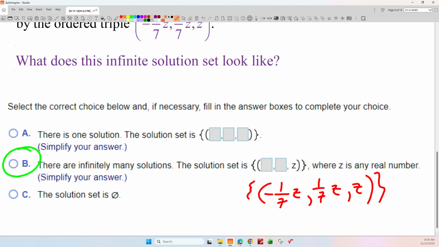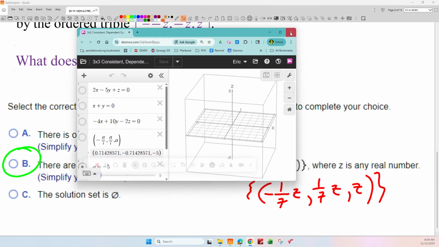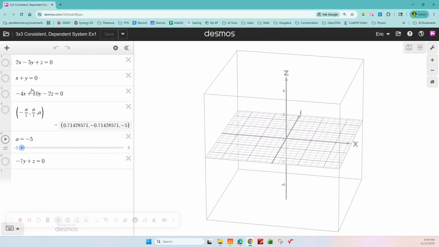Okay, so what does this thing look like? Okay, let's stack up our planes. Was that our system?